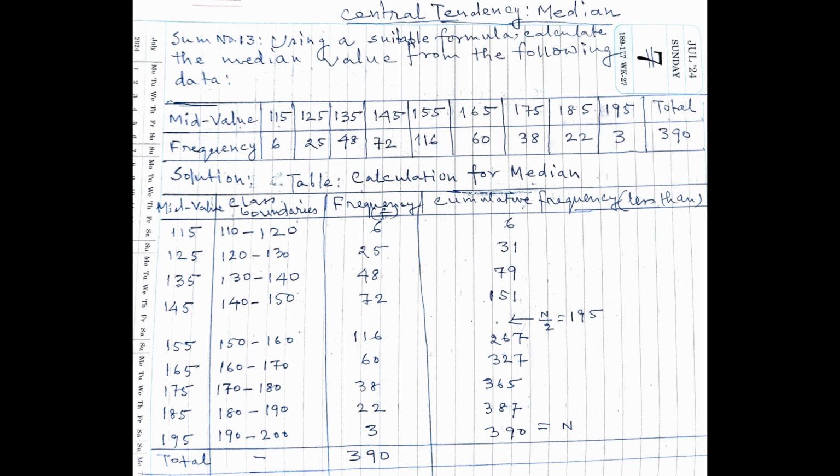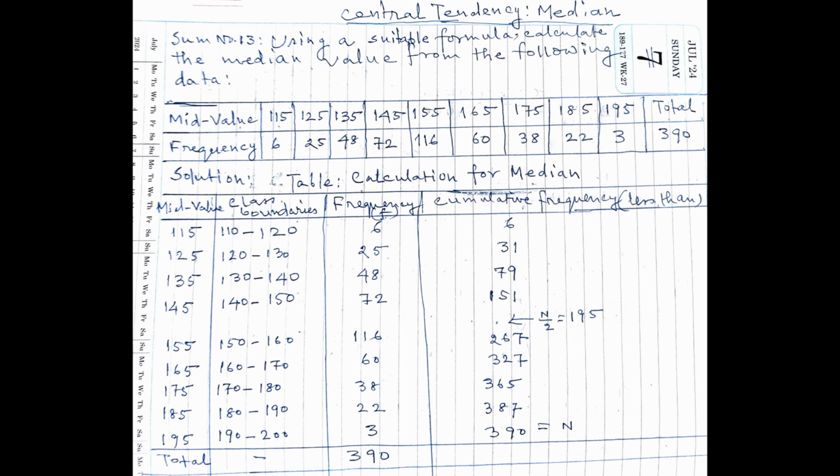Mid value 115, frequency 6, mid value 125, frequency 25, mid value 135, frequency 48, mid value 145, frequency 72, mid value 155, frequency 116, mid value 165, frequency 60, mid value 175, frequency 38, mid value 185, frequency 22, mid value 195, frequency 3, total 390.